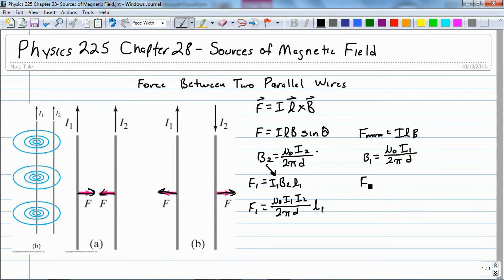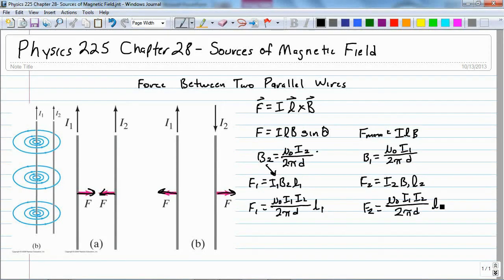So F2 is going to be equal to I2 B1 times L2, the length that the magnetic field is on wire 2, and that's going to then simplify this to mu naught I1 I2 over 2 pi d L2.